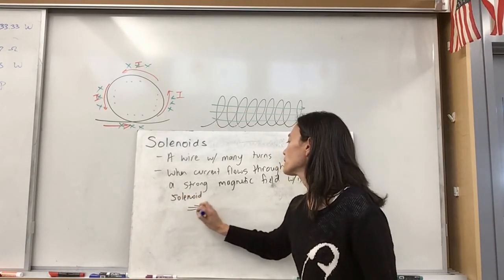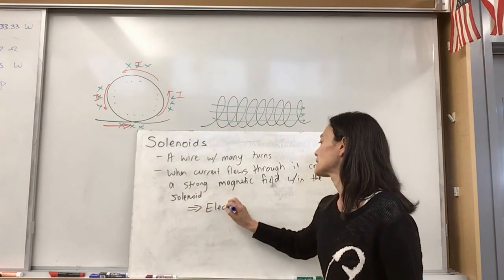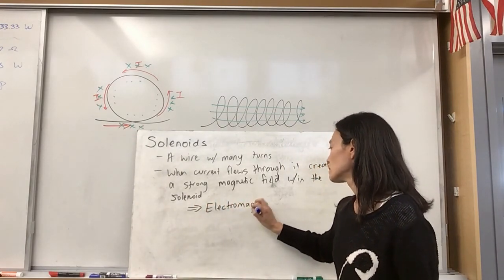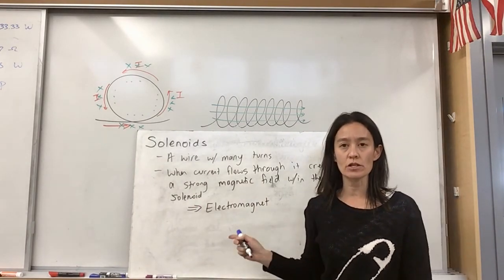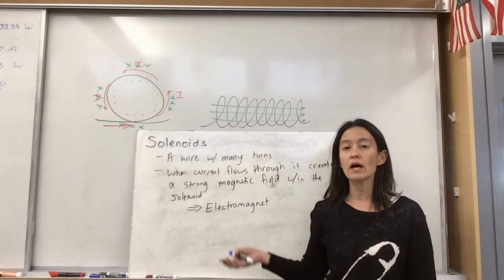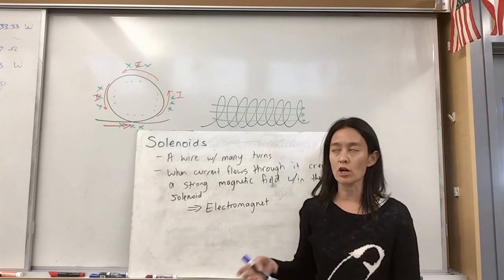And this is often called an electromagnet. I will model this a little bit in class. I'll show you some examples of using a current through a solenoid to generate a pretty strong magnetic field inside of that.